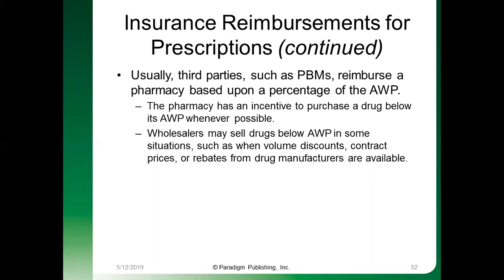So again, as a pharmacy, you want to try to get medications lower than the average wholesale price because of these instances where insurances will pay only a certain percentage of that wholesale price.